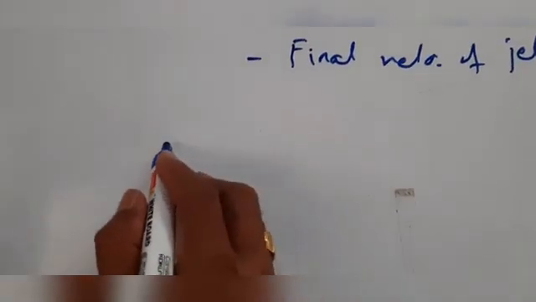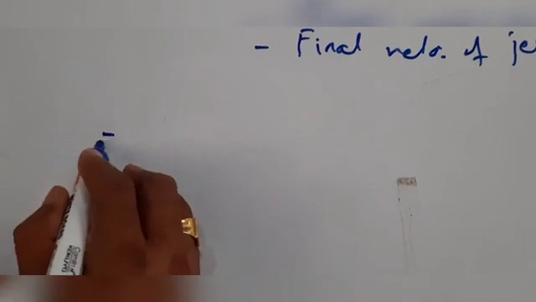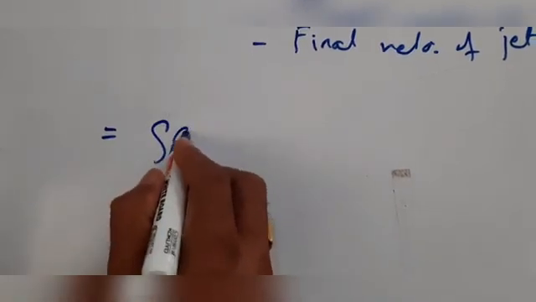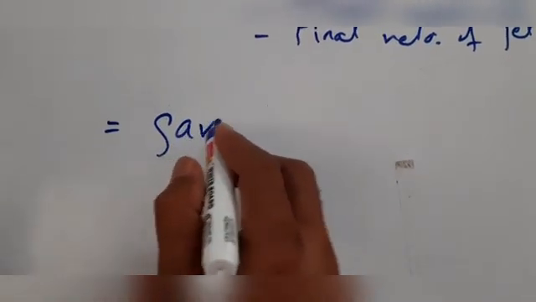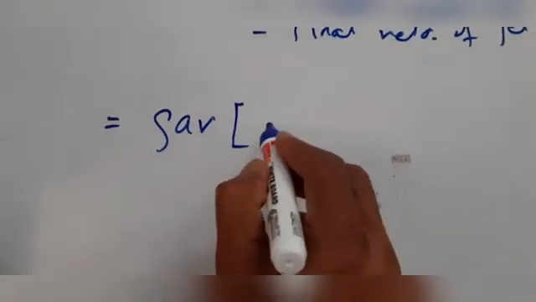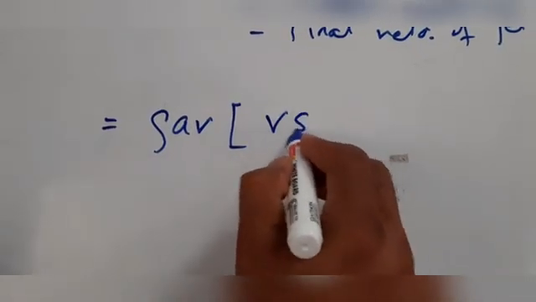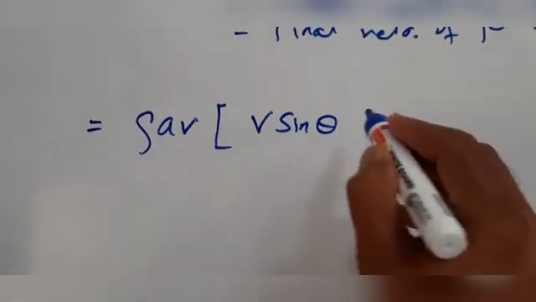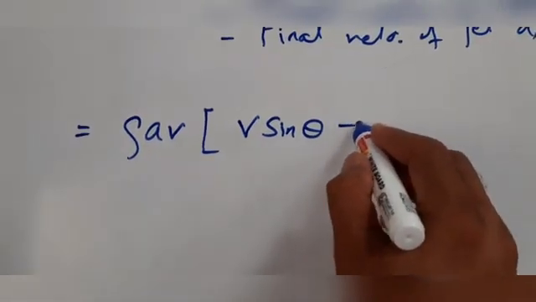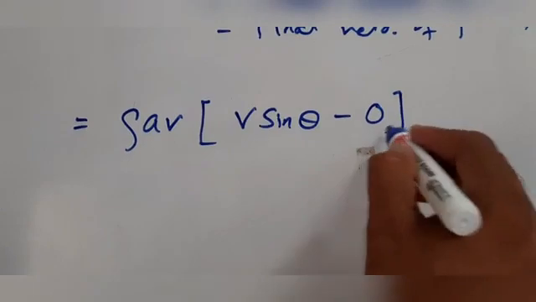So this comes rho a v into v sin theta minus 0.